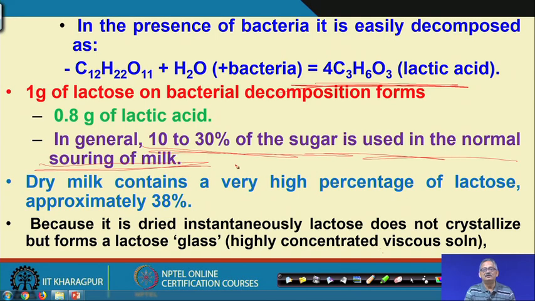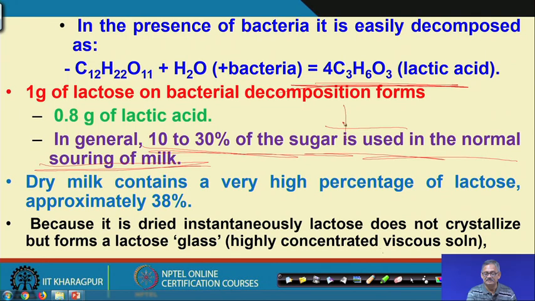So, only 10 to 30% because, for this, which is not in our class, in the growth of microbes, you will see that they follow this kind of growth curve, right.